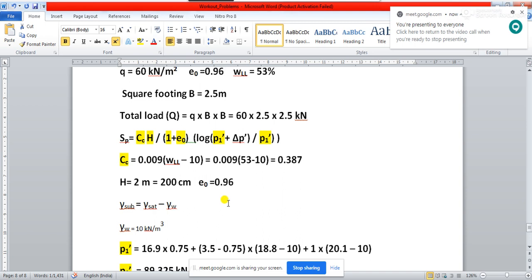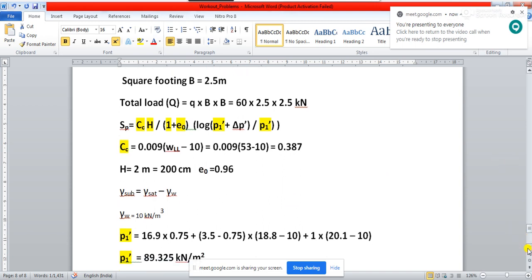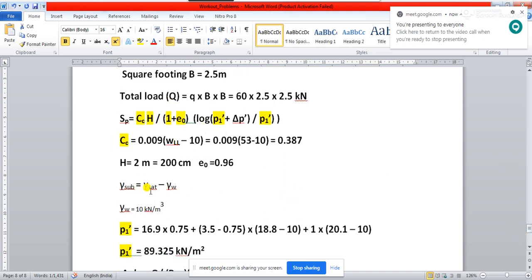Now you see, now everything is known in this problem. Which was left? Only delta P was left, right? So delta P value was left. So you see Cc, you know Cc, you put back the value 0.387, H you put 200.